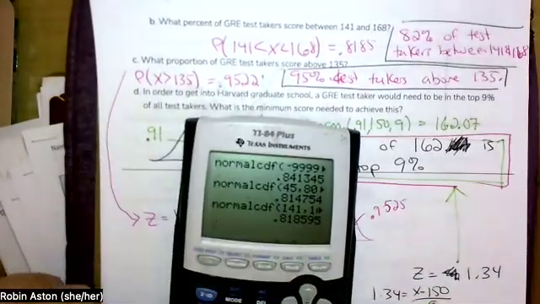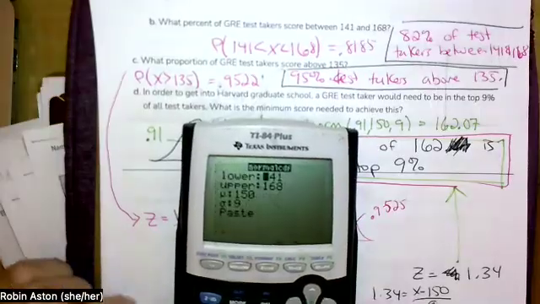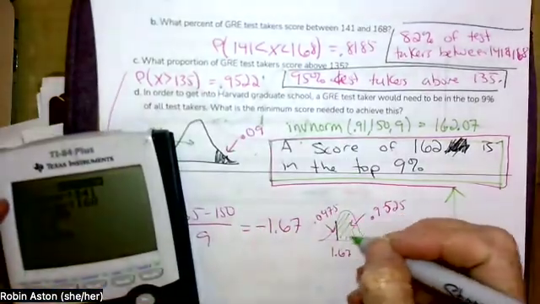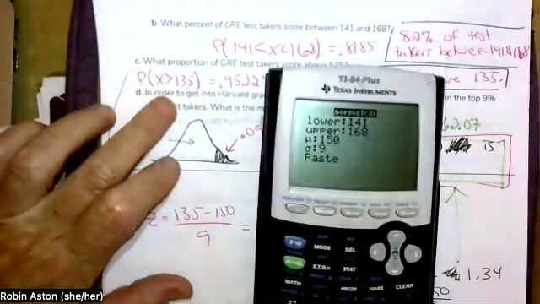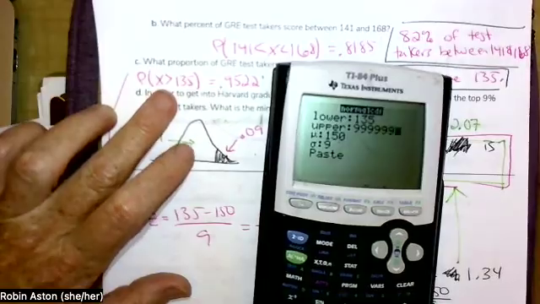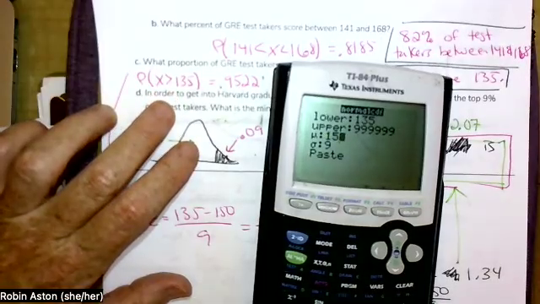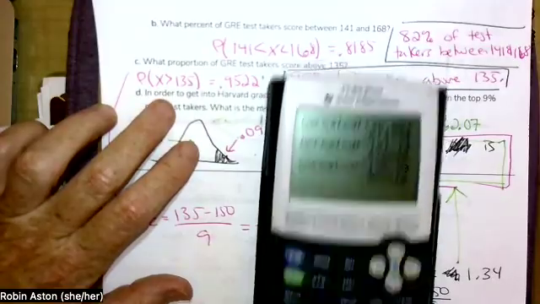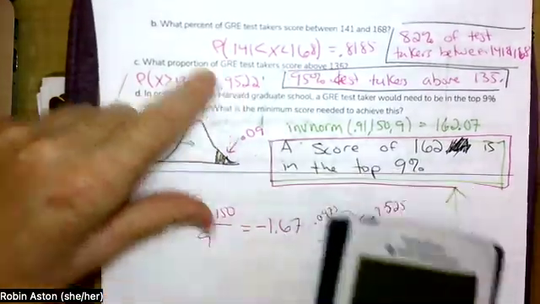And if I do normal CDF, I want greater than 135. I would put in 135 and a big number, mean, and then standard deviation. And I get 0.9522.